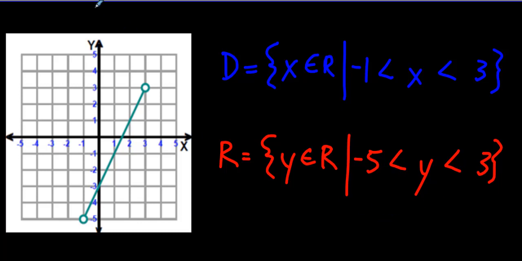Okay. Let's see if there's some more examples here to do. Here's one. Notice on this question there's a closed dot here and an open one right here. That means, well, let's do the domain right now. Look at the farthest left point. Well, it almost touches the -5.